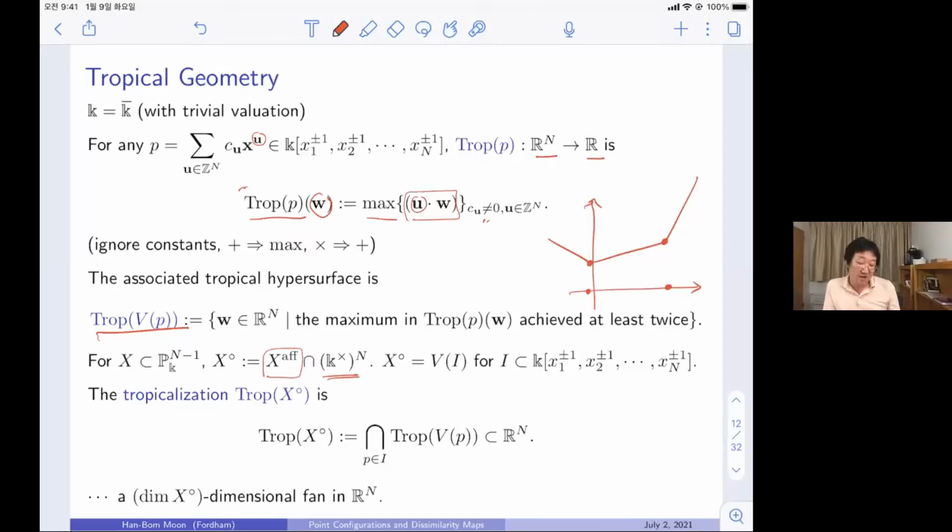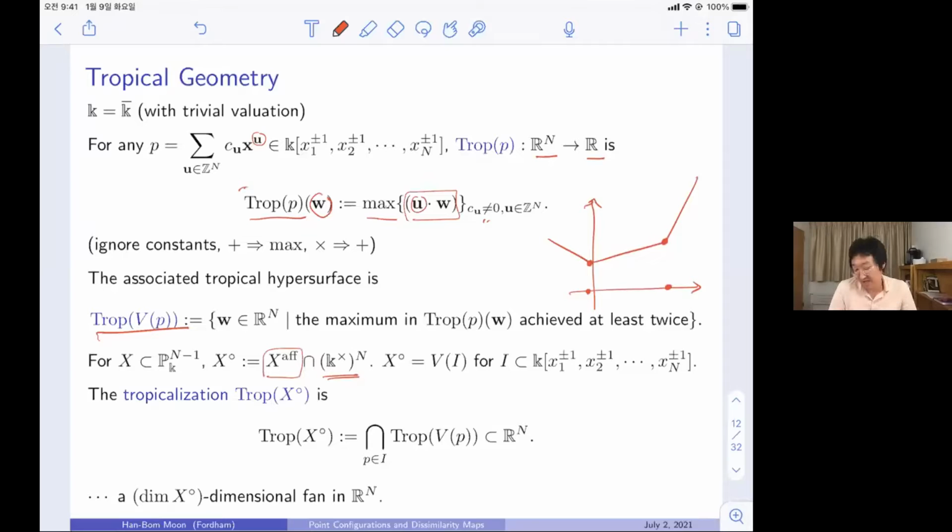Then the tropicalization of this algebraic variety X circle is defined as the intersection of all tropical hypersurfaces for every polynomial P inside the ideal. One thing I have to mention here is that it is insufficient to take the generators of the ideal, because there are many examples where we need to add some extra generators.